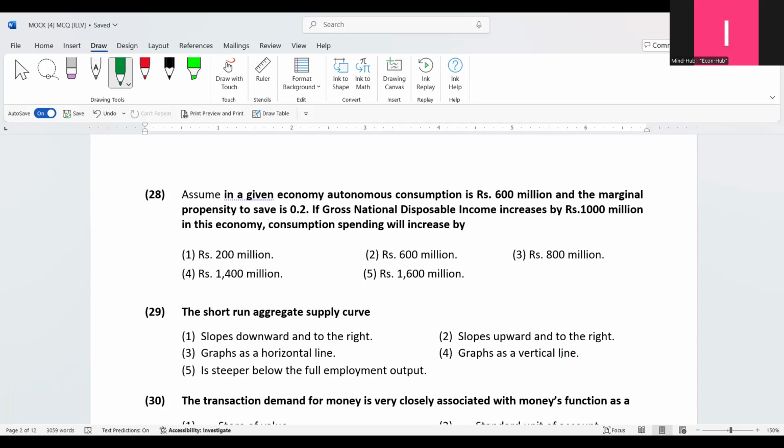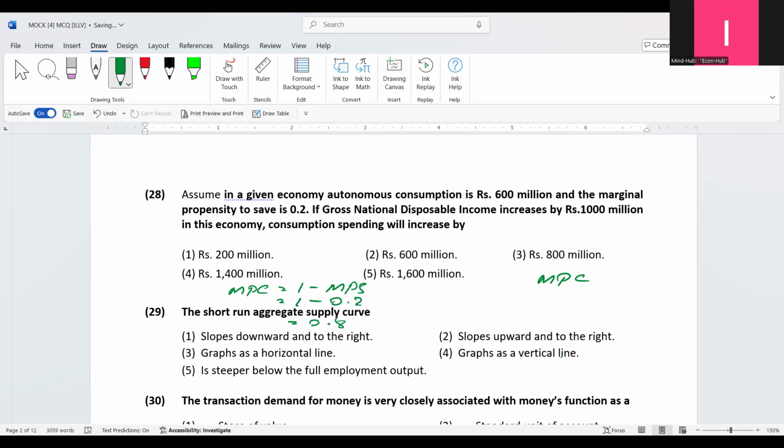Can you quickly find the marginal propensity to consume? Since you have MPS, find MPC. Tell me what is MPC. MPC would be 1 minus MPS, so 1 minus 0.2 would be 0.8.